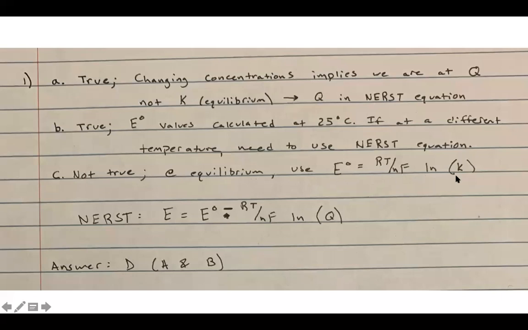The reason is that if you plugged all your values into the Nernst equation at equilibrium, you'd find that your cell potential E is always 0 at equilibrium. So there's really no need to use the Nernst equation because you already know your cell potential is going to be 0. A more useful equation is solving for your standard cell potential, E naught, which you'd do through this equation.